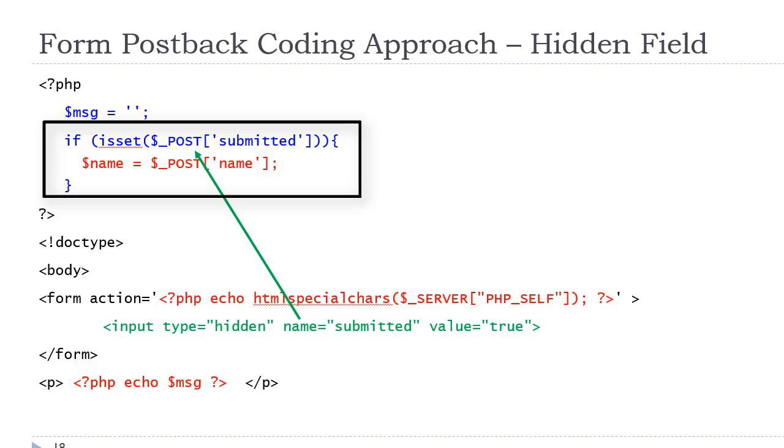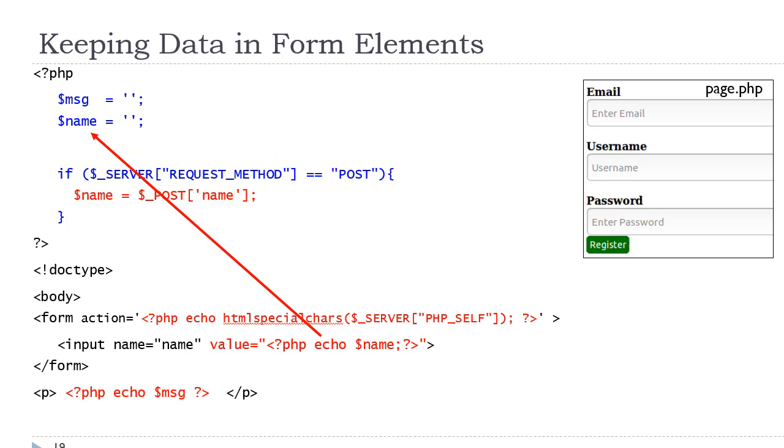These form elements, these name-value pairs, will not exist until they are submitted to the form, so that is another way of testing that the form has been submitted. And if it has, all of the code that pertains to the form will be written inside that if block.